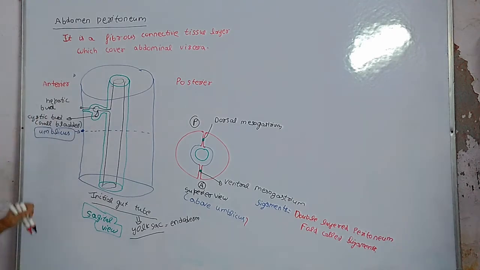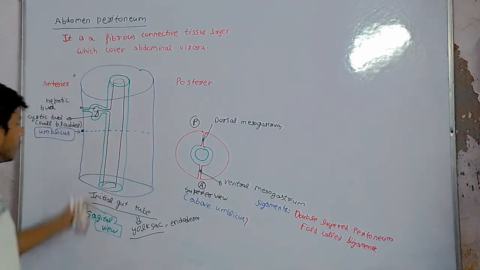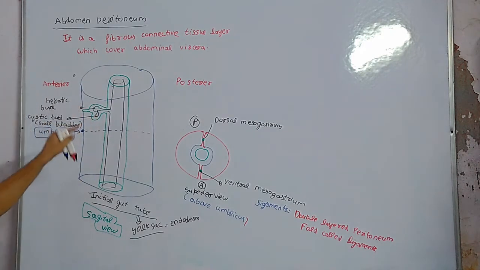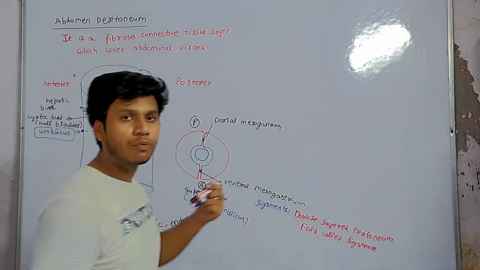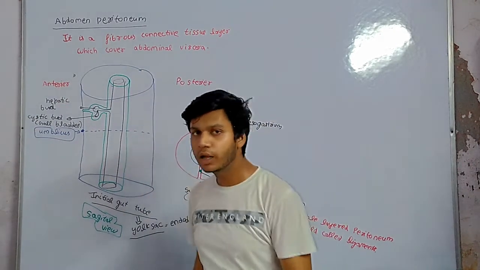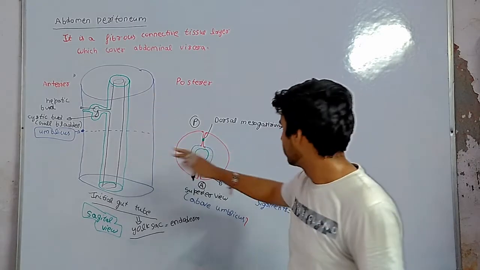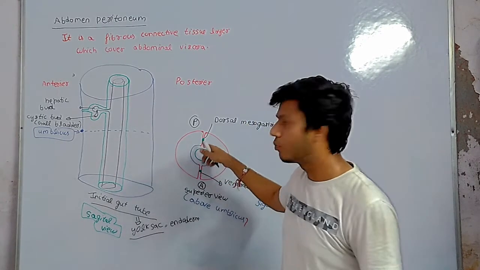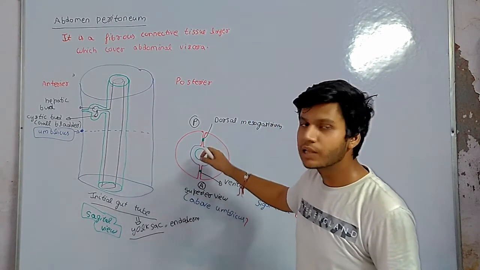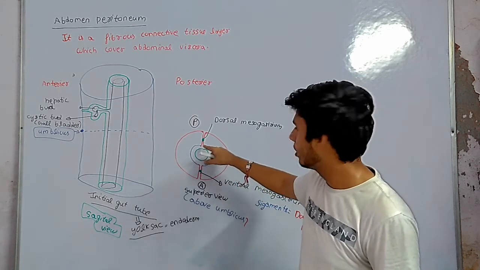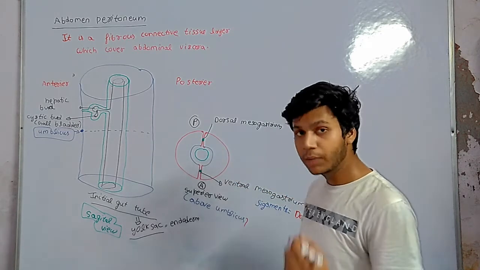So one bud forms anteriorly, which is called the hepatic bud, which after some time forms the liver and gallbladder.